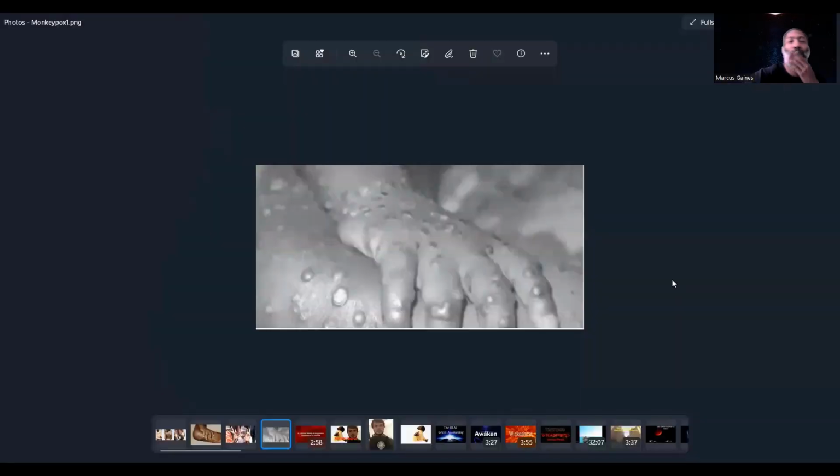All right. So I'm pulling the pictures up right now. Now I'm going to share my screen so you can see them. And I want you to tell me, Israel, what do you see? Now, the world calls this monkeypox.